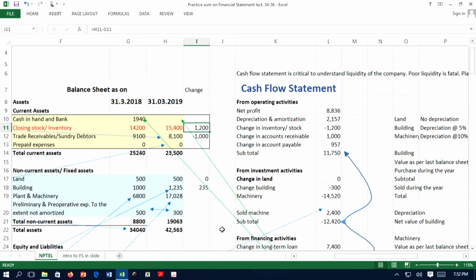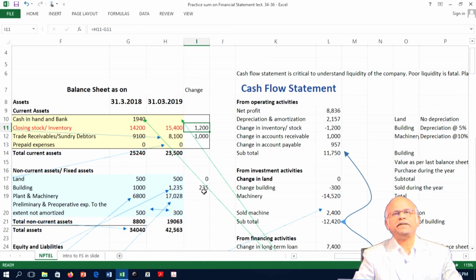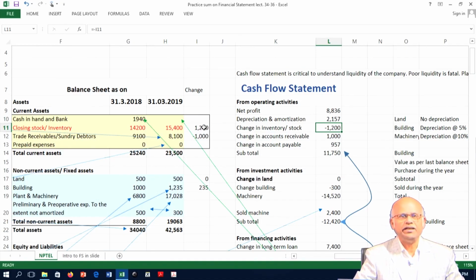If there is an increase of 1,200, that means you have used some money to buy these additional goods. So, 1,200 is the negative cash flow. That is why we have done this here, meaning that it is equal to minus this. So, if this is an increase, automatically it will take minus. If there is a decrease, automatically there will be a plus sign.